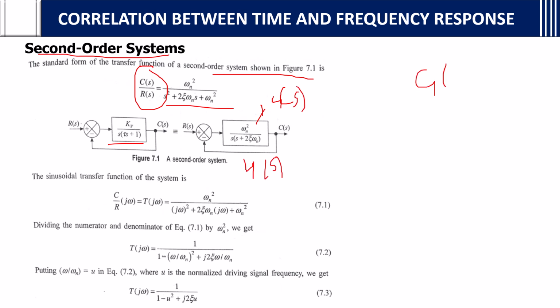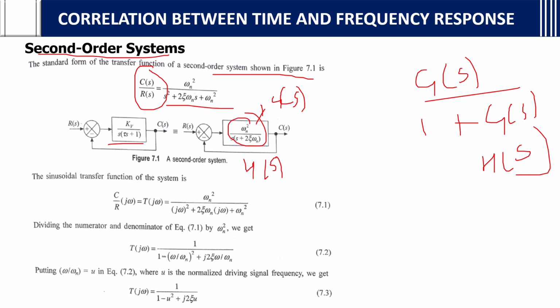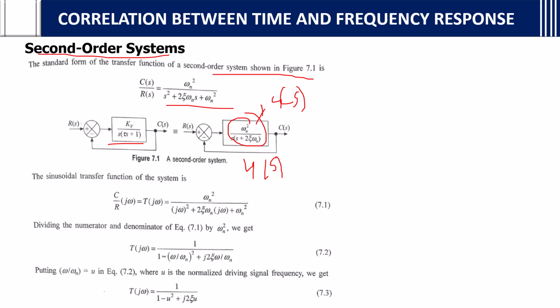So we write G of s by 1 plus G of s into H of s. Substituting G of s, you get omega n square by s square plus 2 zeta omega n s plus omega n square. Till here we are done.